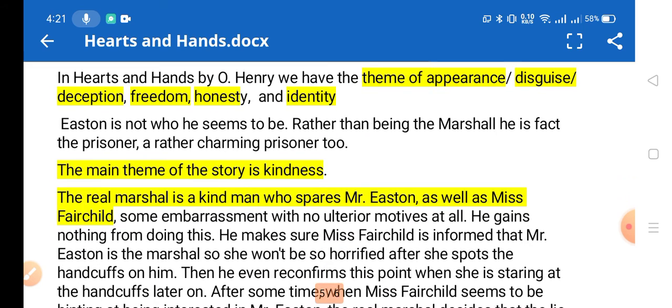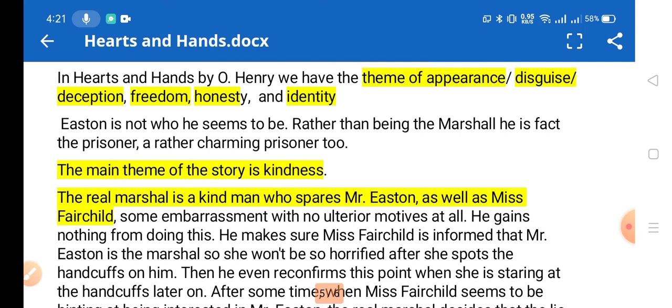So as we see the theme of appearance and disguise, Mr. Easton appears to be a marshal for Miss Fairchild, but actually he was a criminal. So the appearance is not like what seemed to be true. It's a deception, disguise, and illusion.